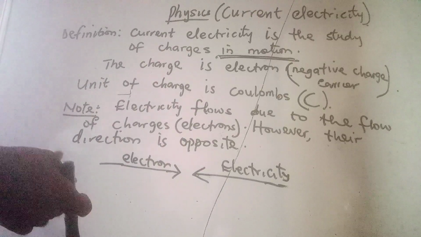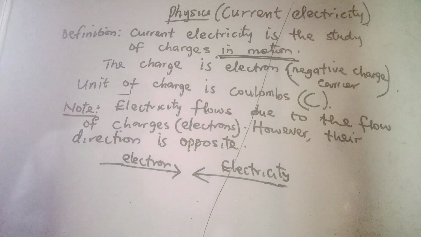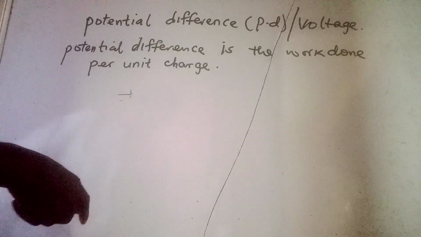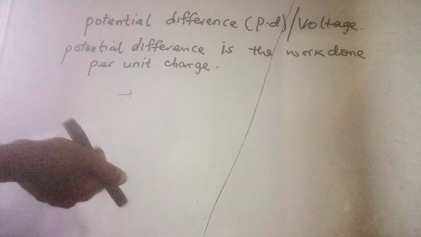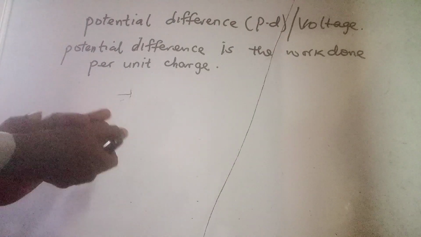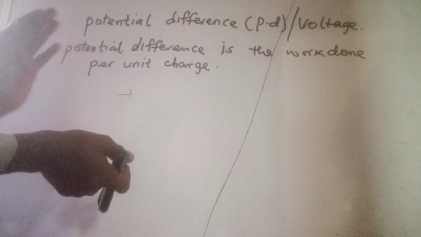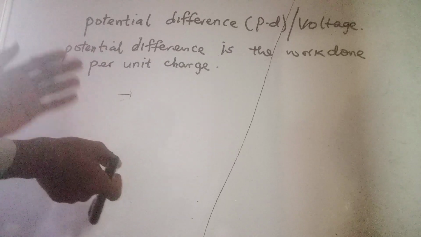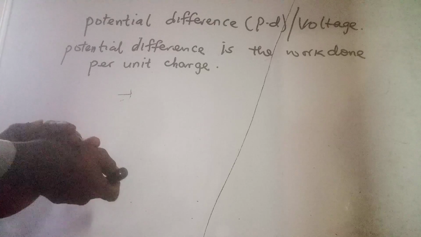What is now potential difference? Potential difference, which is also called voltage, is simply defined as the work done per unit charge.